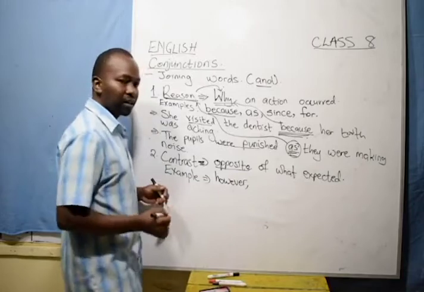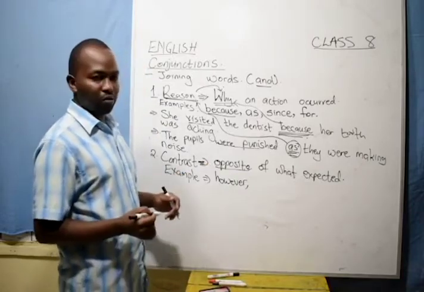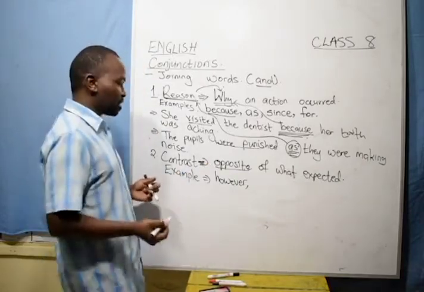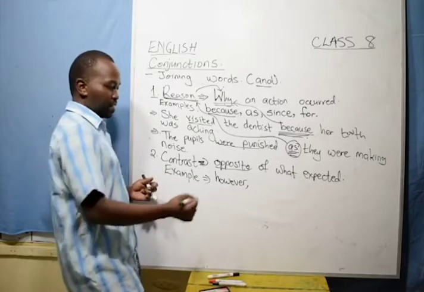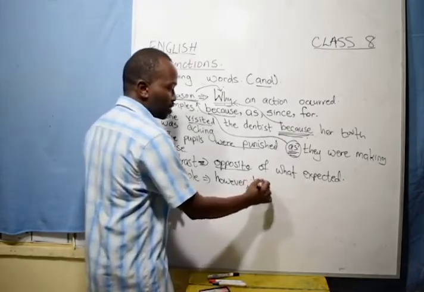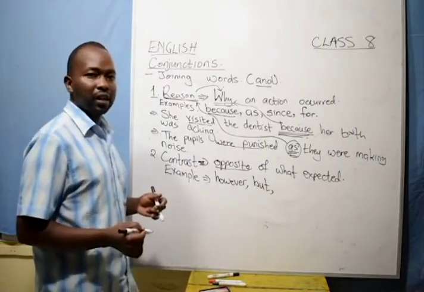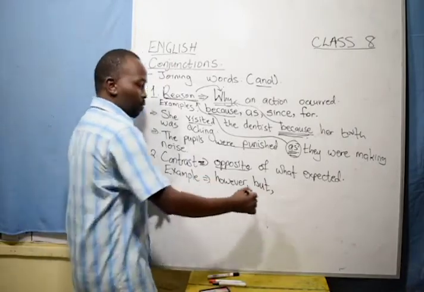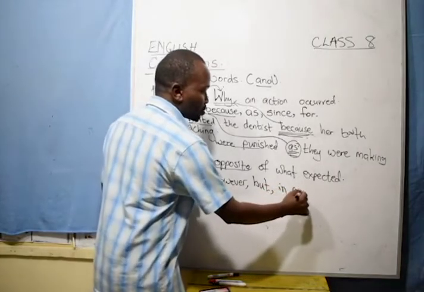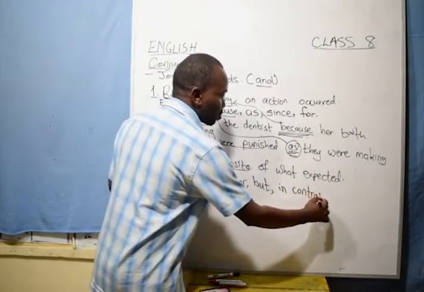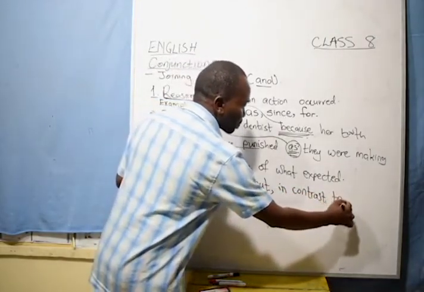However, it gives us the opposite of what was expected. Another conjunction that you may think of, yes, you have the conjunction but. Another one we have is in contrast to.